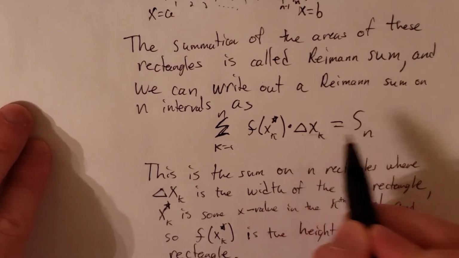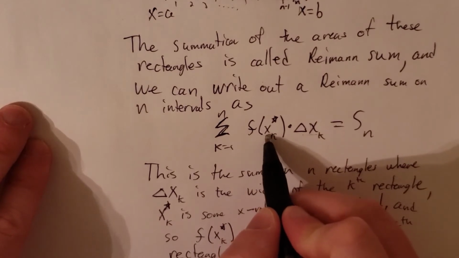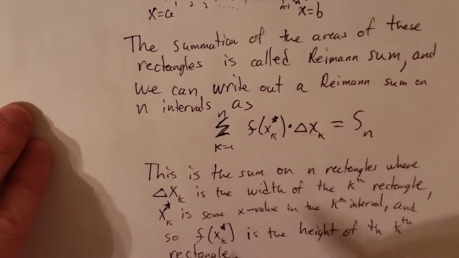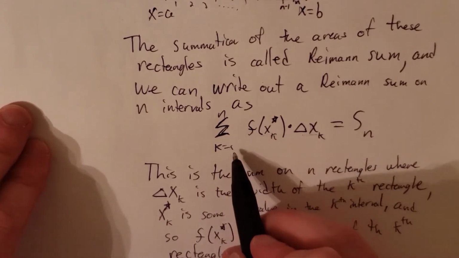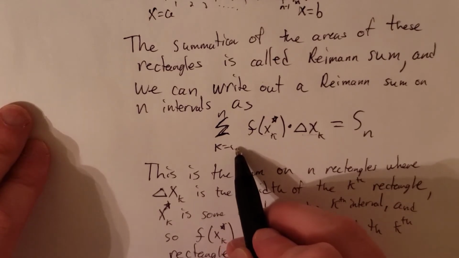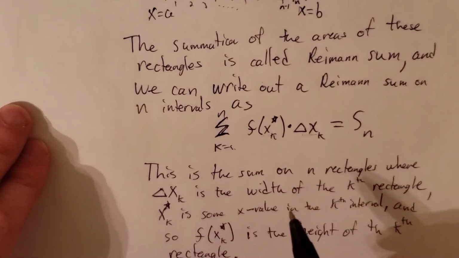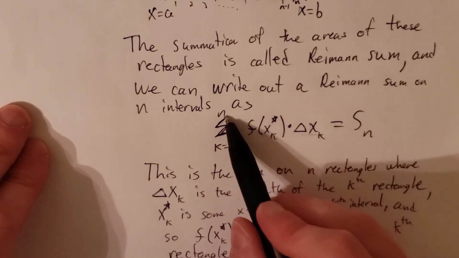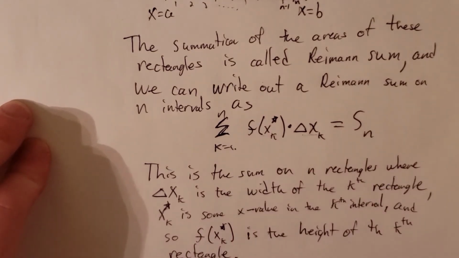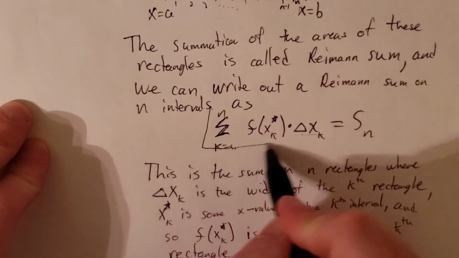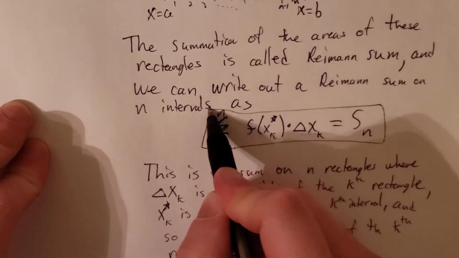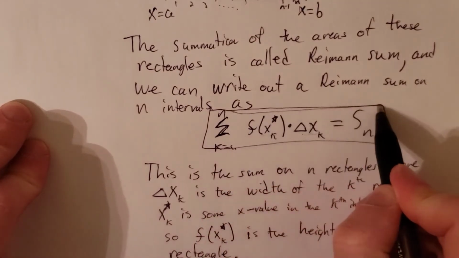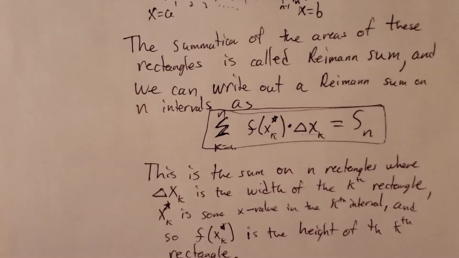We have the width of each rectangle, the height of each rectangle. We multiply those to get the area of each rectangle, and then we add up as the number of rectangles goes to n here, right? We get the first rectangle, the second rectangle, the third rectangle, all the way up to the nth rectangle. And so that is our Riemann sum on n rectangles.